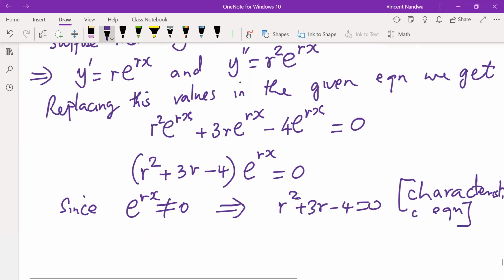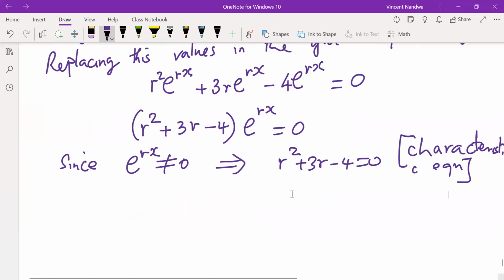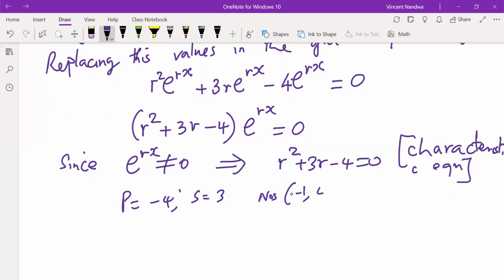So from the characteristic equation, you get the characteristic roots. This is simply a quadratic equation. Product is minus 4, sum is 3. So numbers, we have minus 1 and 4.